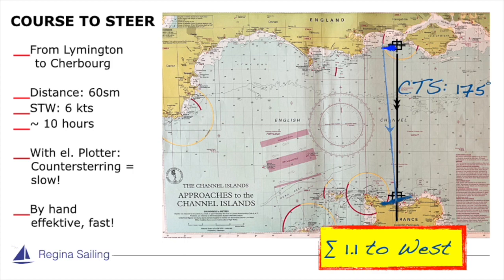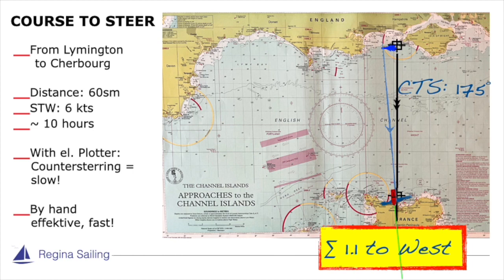So what happens now when you sail by hand? We come out here through the Needles, we sail to our waypoint, and then we hold 175 degrees. We make a little detour, it looks. We are first pushed to the west, and then we are pushed back to the east.